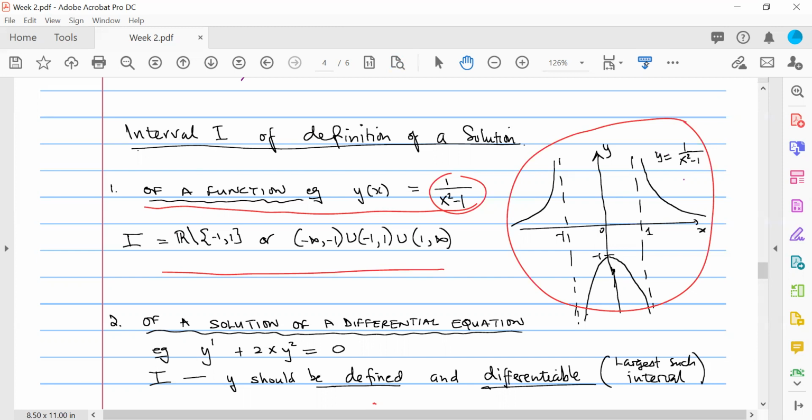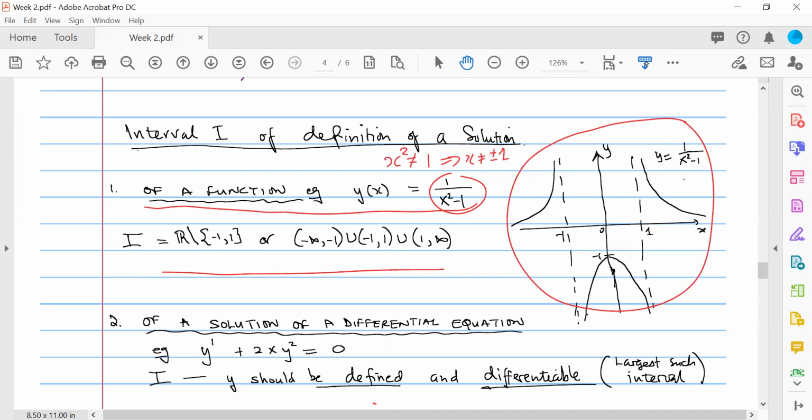And then we look at the function y. At what points is the function defined and at what points is it not defined? Of course, we don't want the denominator to be equal to 0. So all points where the denominator is equal to 0 are the points that we don't want in the domain.